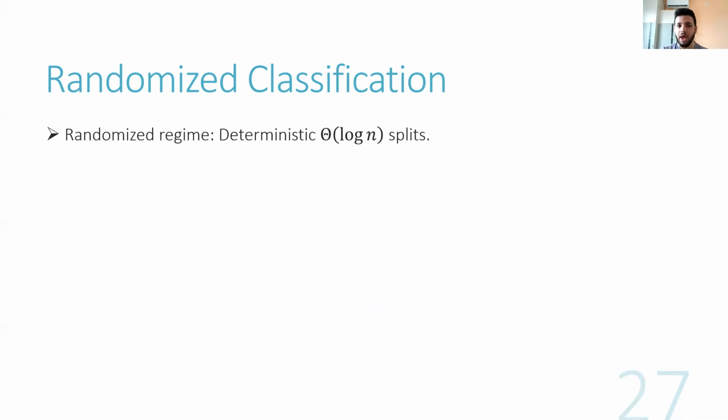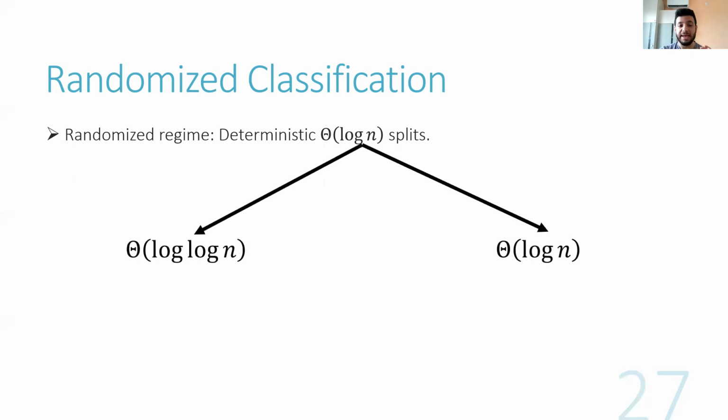What happens in the randomized regime is that the deterministic theta of log n splits into problems that have a lower randomized complexity, and problems that remain with complexity theta of log n even in the randomized regime. An example of a problem which has lower randomized complexity is Sinclair's orientation, while, for example, perfect matching still has theta of log n complexity.